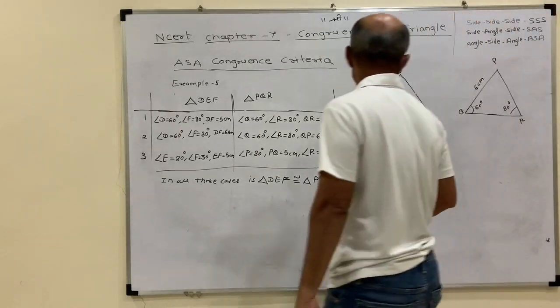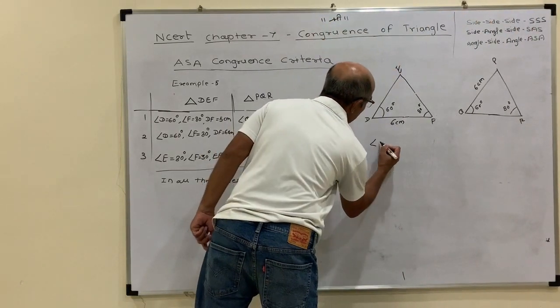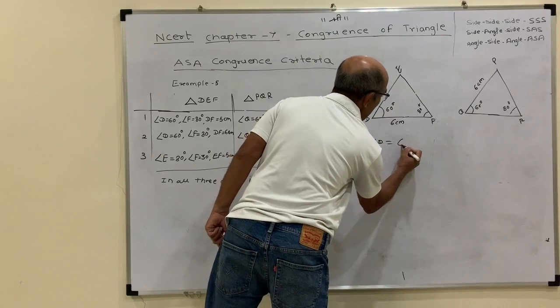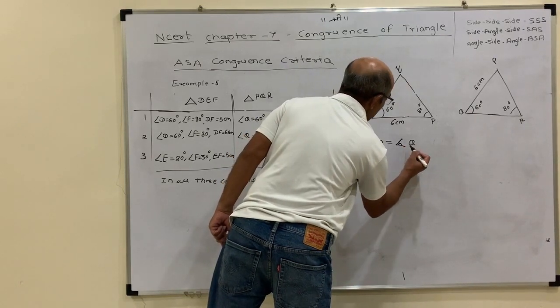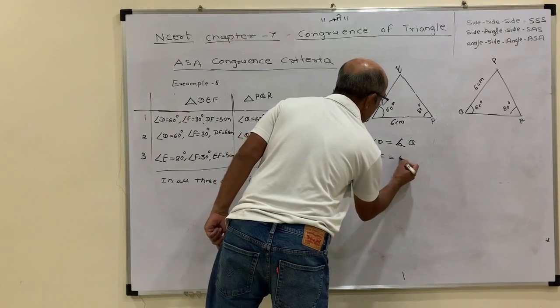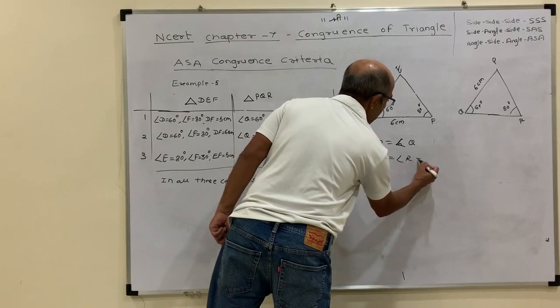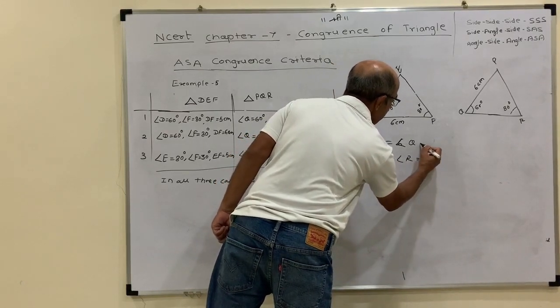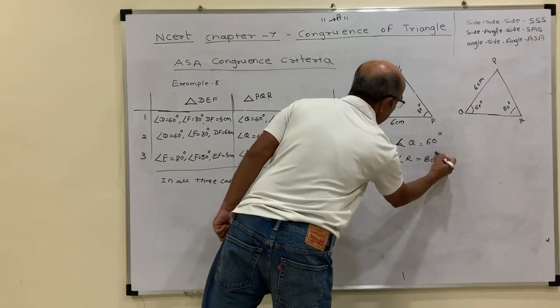So we can say here angle D equals angle Q, which is 60 degrees, and angle F equals angle R, which is 80 degrees.